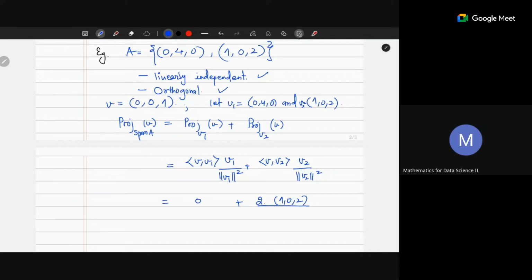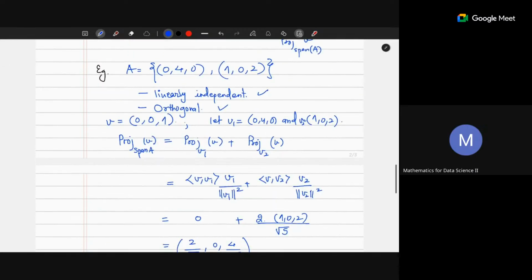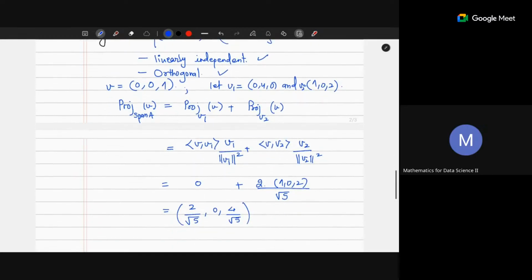It is 1 plus 4, root 5. So this is the projection of vector V onto the span of these two vectors.